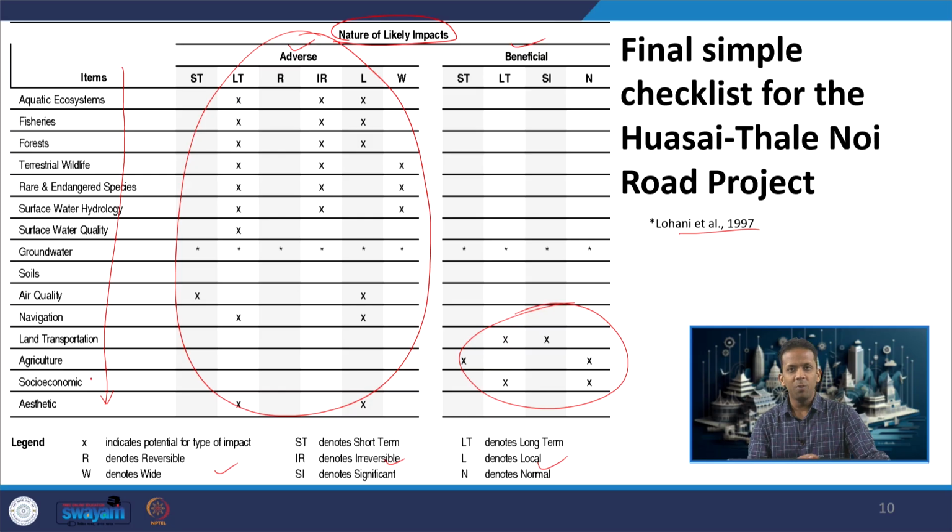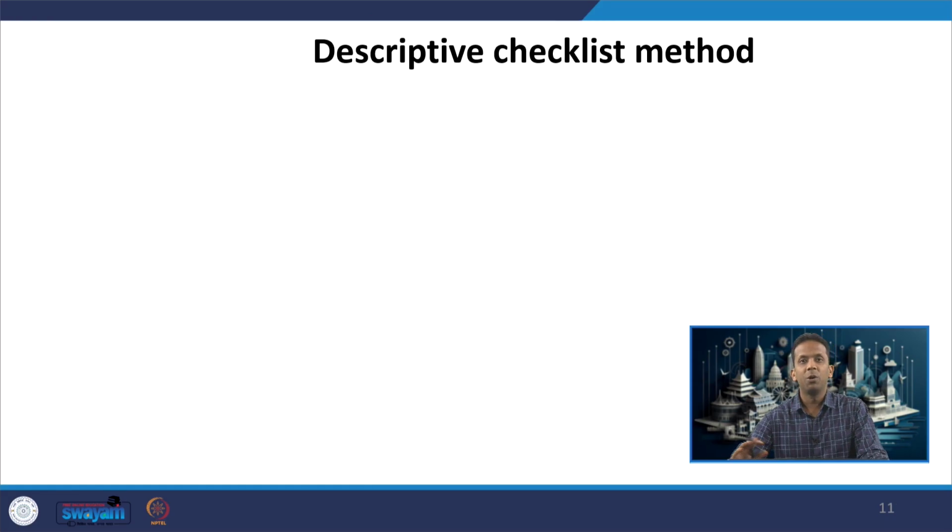Mostly socio-economic cultural impacts are on the beneficial side, positive side, and environmental related impacts are mostly on the negative side, because this road was constructed in an ecologically sensitive area, where on one side we had wetlands and on the other side we had a lot of wildlife. So, that was all about the simple checklist method. That is the most commonly used checklist method.